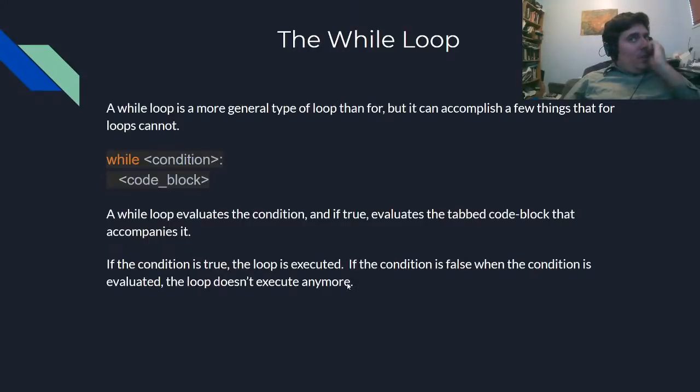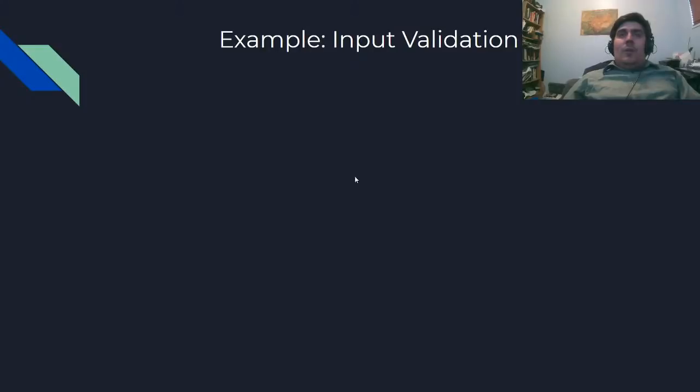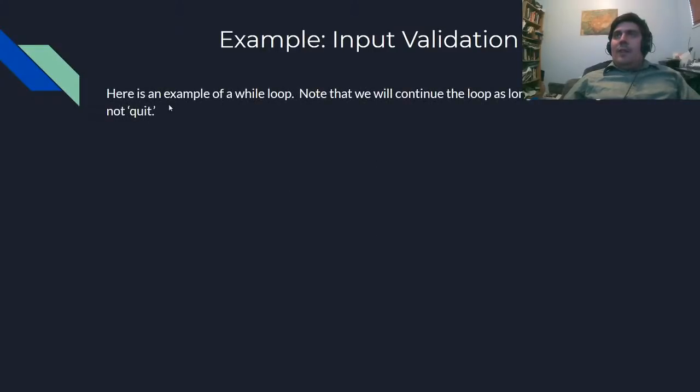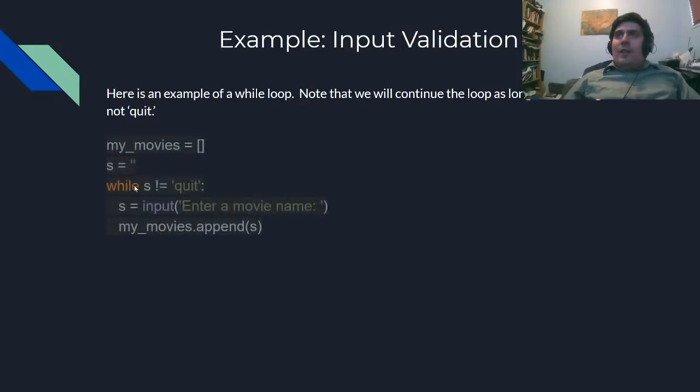Let me show you. Here's an example of a while loop. We will continue the loop as long as the string is not quit. This is the most basic kind of example.